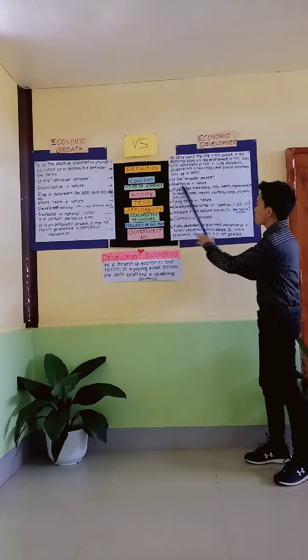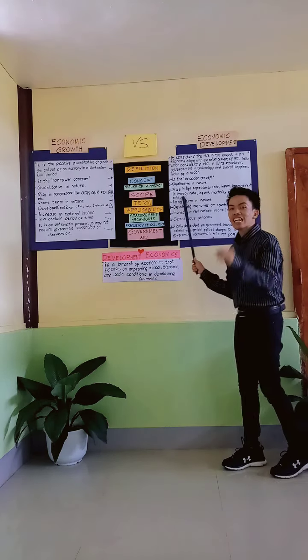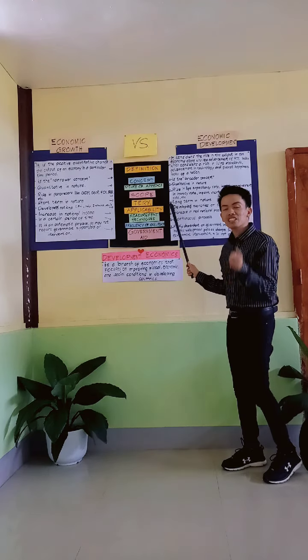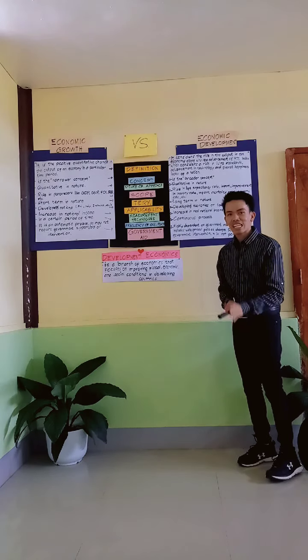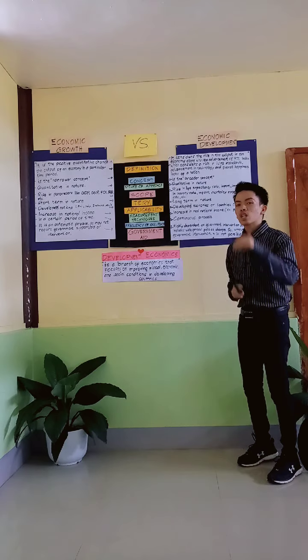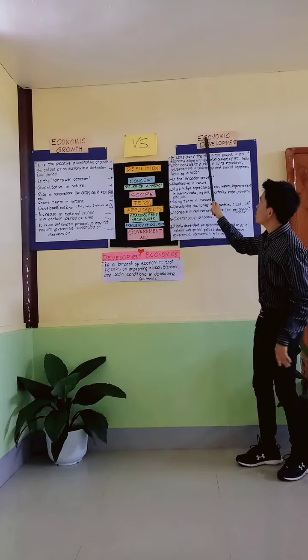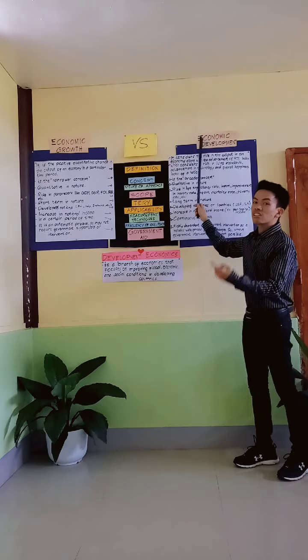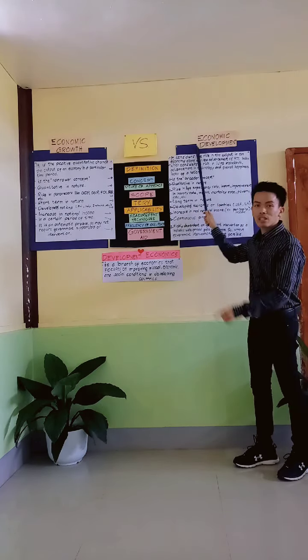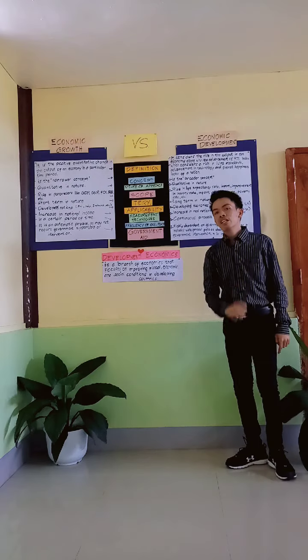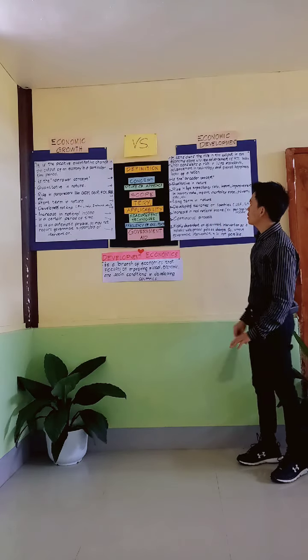And if there is an improvement in literacy rate, that means the educational system of that nation is very satisfying and offers quality education. So this will result in an economically developed nation, and that nation is enjoying economic development.